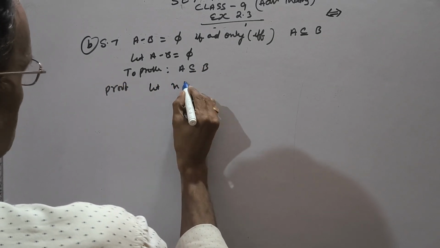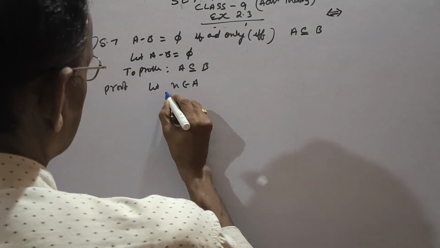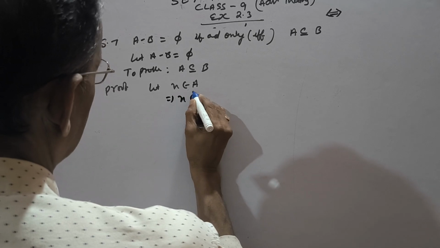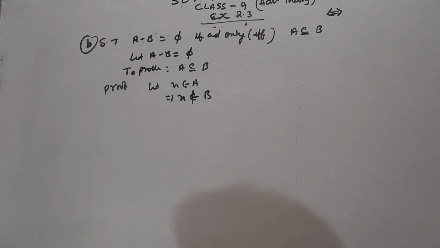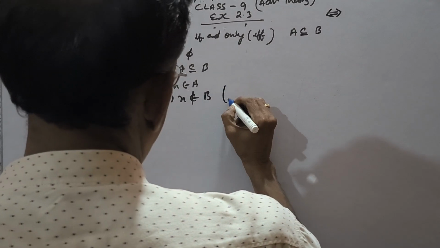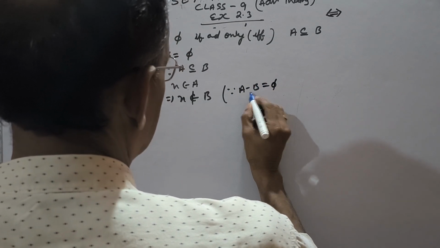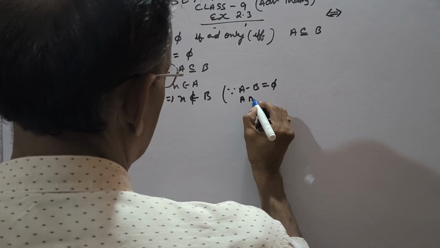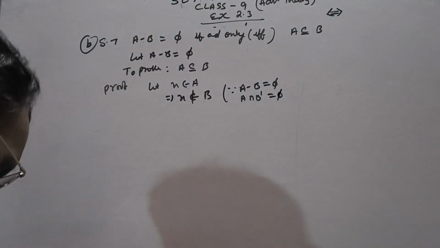Let x belong to A. So what does it mean? x does not belong to B. Why? Can you have an idea? What is given? A minus B is given equal to the empty set. And you know the difference A minus B equals A intersection B complement, which equals the empty set.